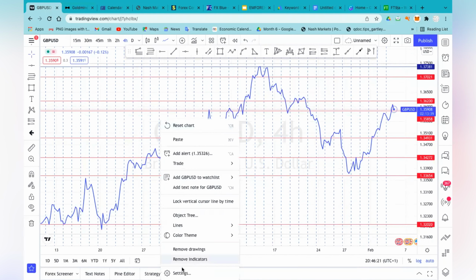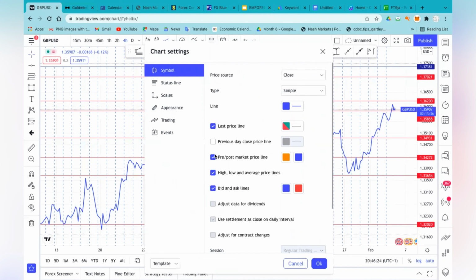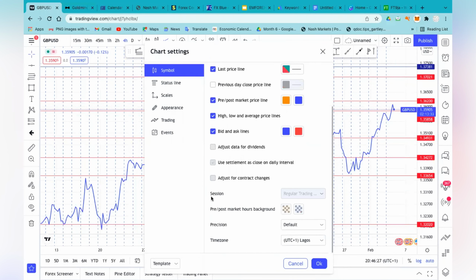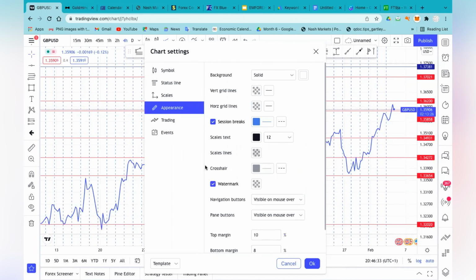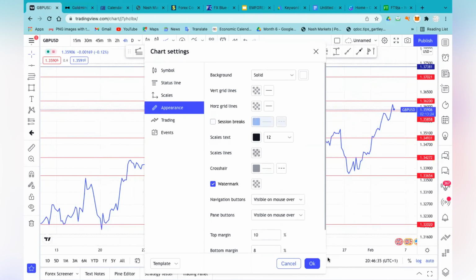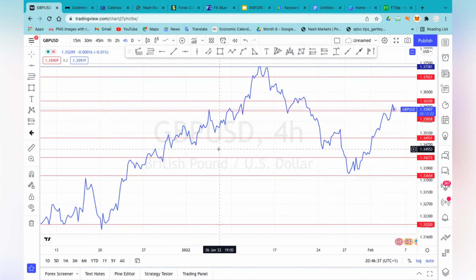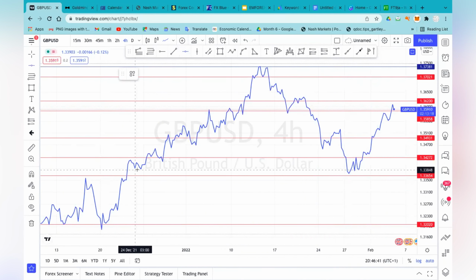Let me remove this section so it can be clear. So now we are having turning points.